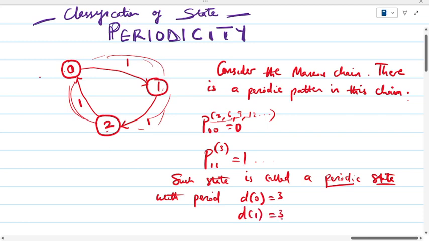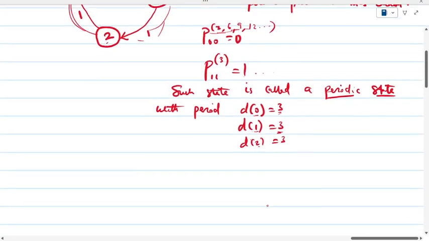That is, at every 3 steps we return back to state 1, and d of 2 also equals 3. At every 3 steps we return back to state 2, at every 3 steps we return back to state 1, and at every 3 steps we return back to state 0. So take note of that illustration.